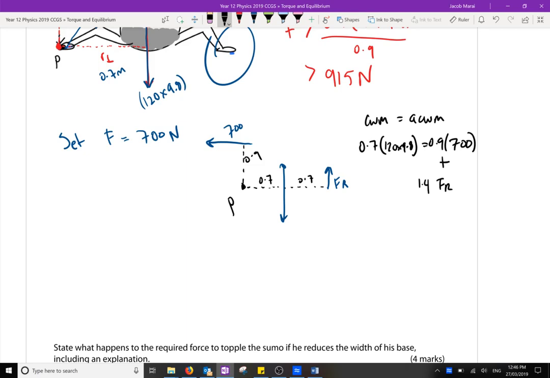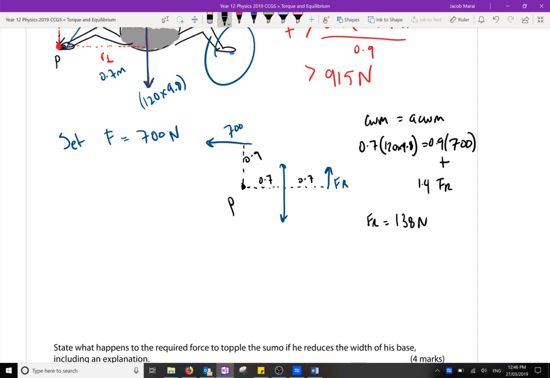I hope you don't mind me going underneath. And so we subtract that, then divide by the base. We get FR equals 138 newtons.